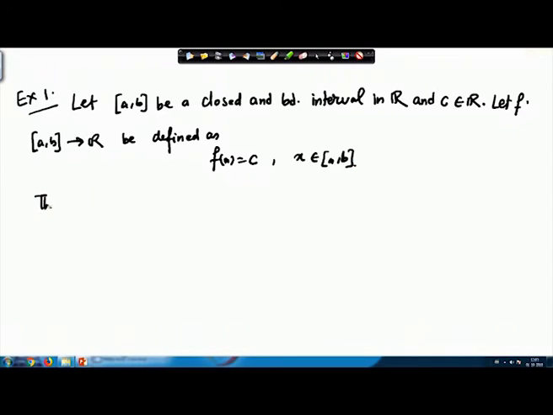Then prove that f is Riemann integrable.